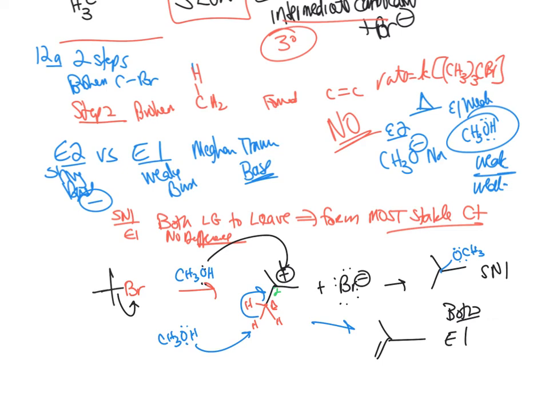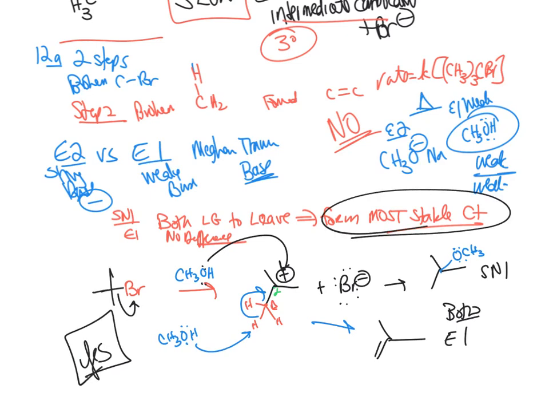Recall that an SN1 reaction can proceed through rearrangements to a more stable carbocation intermediate. Since an E1 mechanism has the same step as the SN1 mechanism, would your E1 reaction be likely to undergo rearrangements? Absolutely. You always got to make the most stable carbocation. Okay, so now you need to work 15B, mechanism.